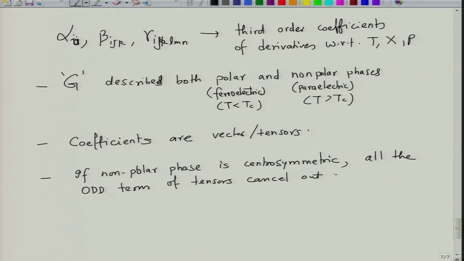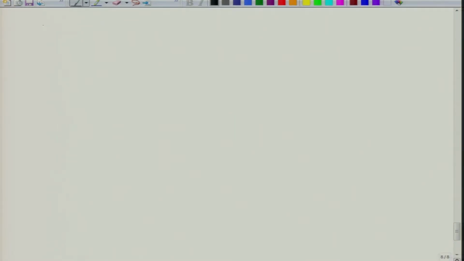Okay. So, we assume that the ferroelectric is uniaxial, which means polarization either is in this direction or in that direction.